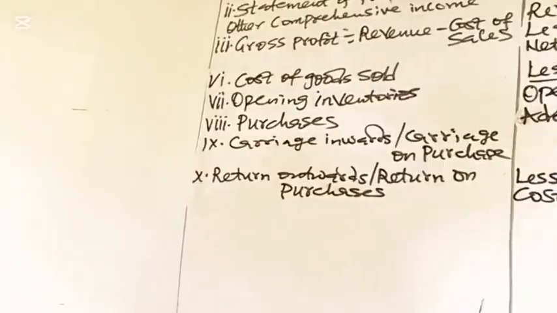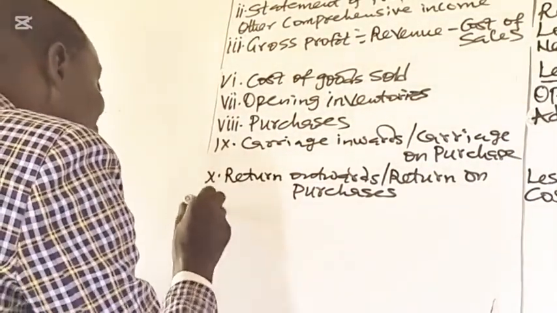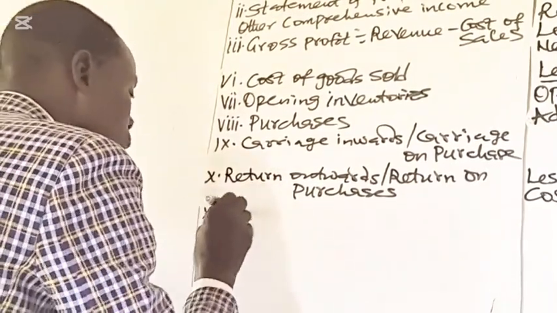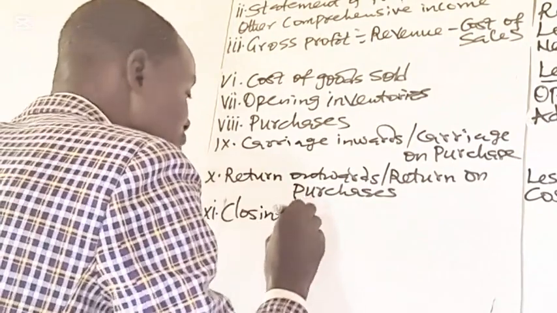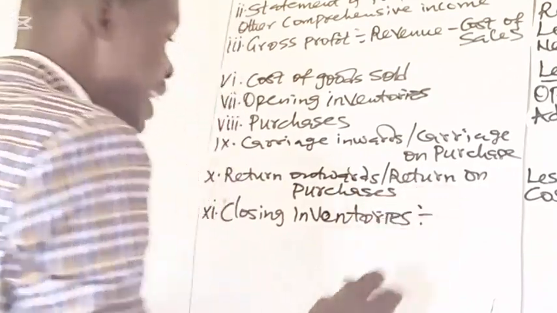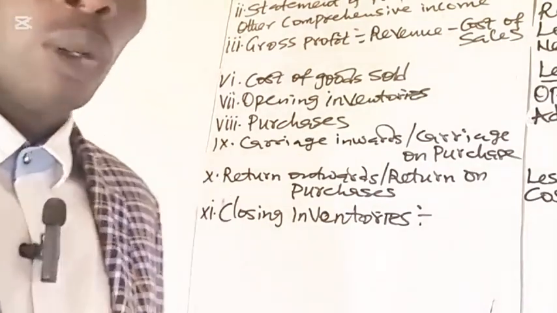Notice number 11. Closing inventories are inventories in hand at the end of the trading period. I've told you these are the inventories in hand at the end of the trading period. They are the inventory that remain unsold.